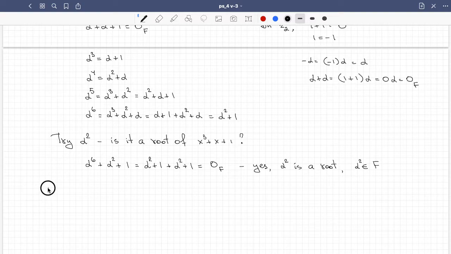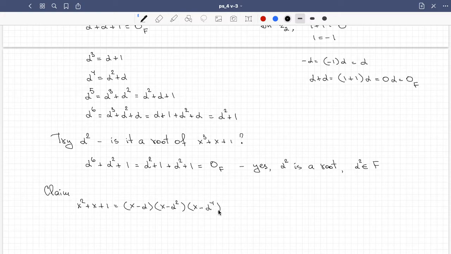So I claim that x cubed plus x plus 1 factors into x minus alpha, since alpha is a root, x minus alpha squared, I suspect it is another root, and it does not matter whether it is a different one or the same one, x minus alpha to the 4.